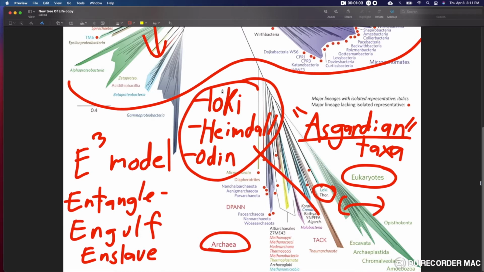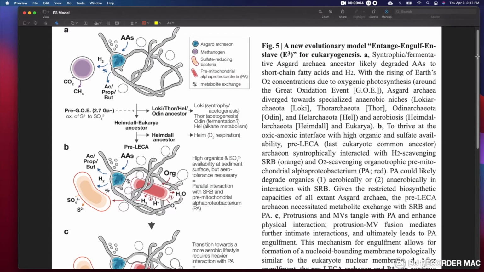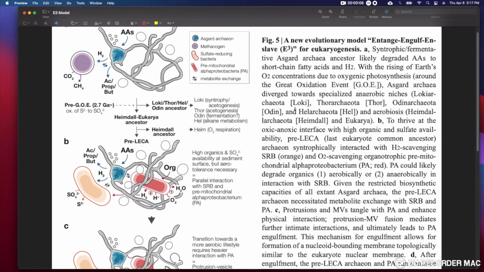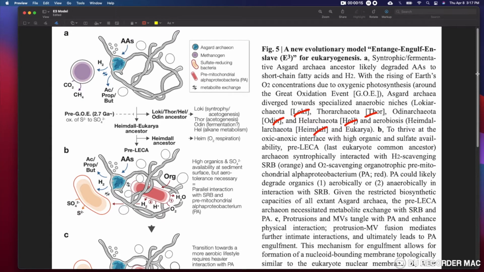So those Asgard archaea, they propose, are a close relative of the eukaryotes. Let me just show you this figure from the paper of those Japanese guys. So here we have your Loki archaeota, Thor archaeota, Odin archaeota, Hel archaeota, and the Heimdall archaeota. All of those Asgard archaea are a close relative of us eukaryotes.